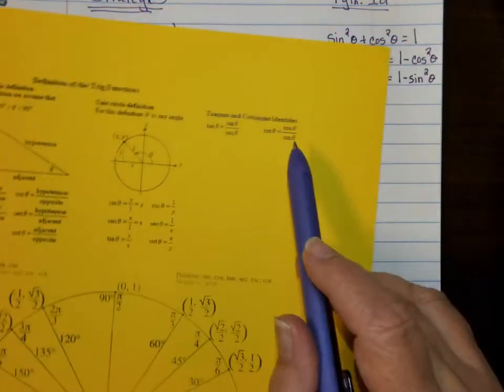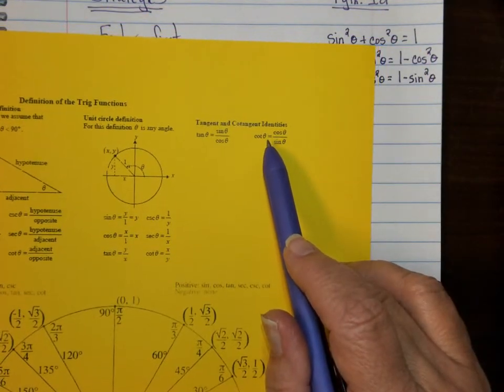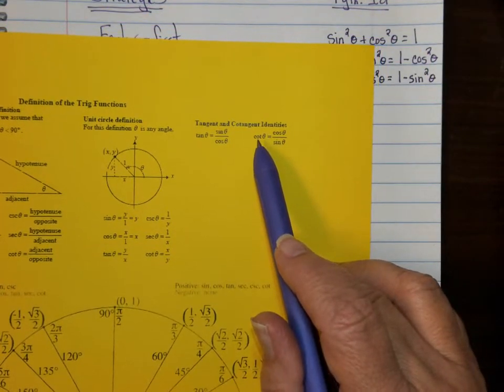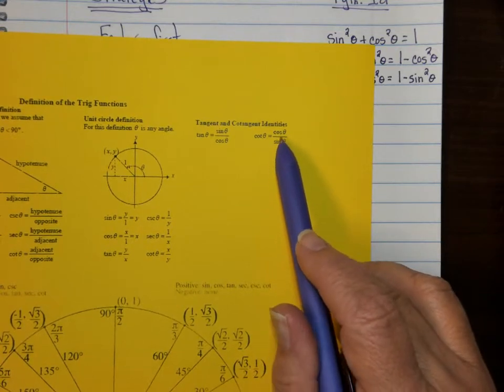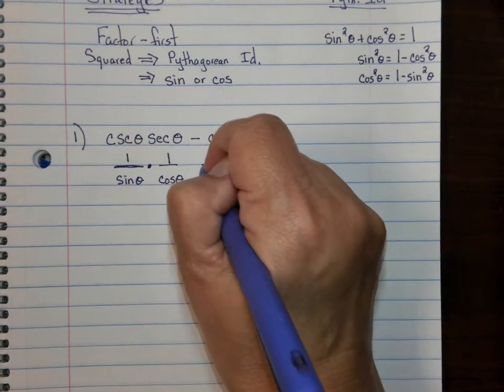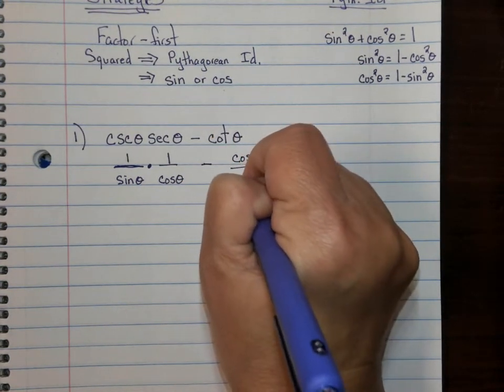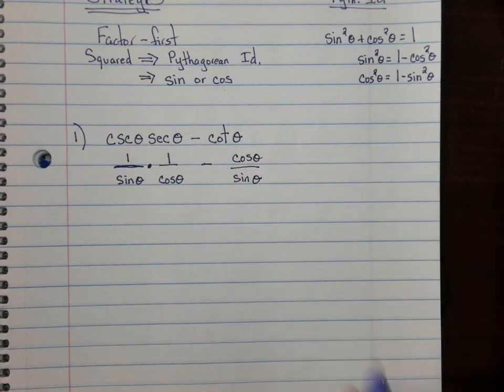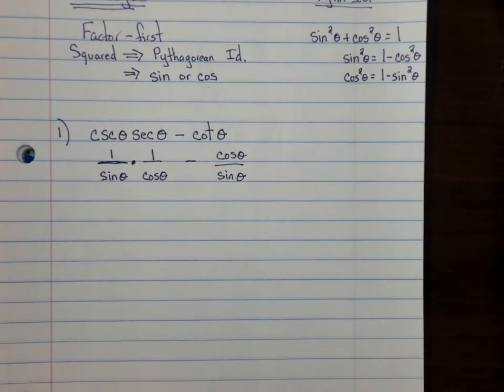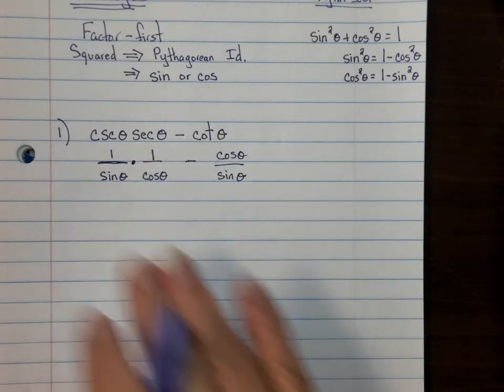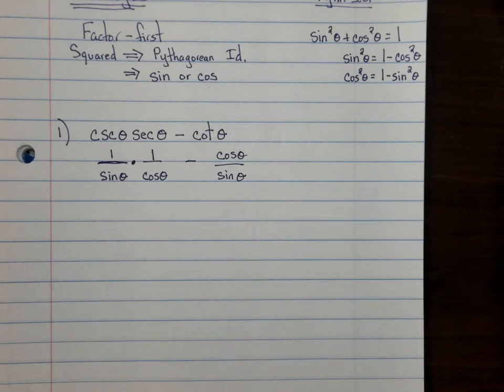I'm going to go over here to my quotient identity that says cotangent theta is cosine over sine. Now I've got everything in terms of sine or cosine.